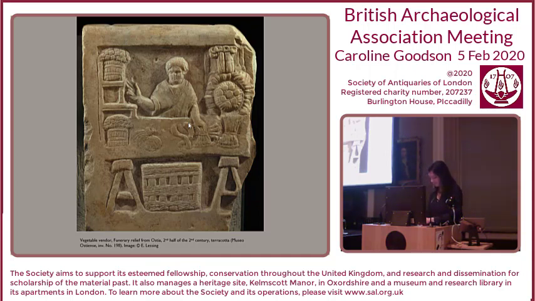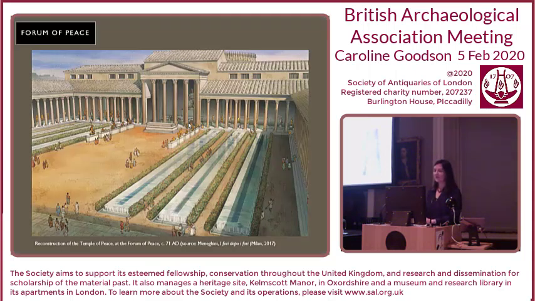In some cases, in some parts of cities, there were ornamental plantings in monumental spaces, that is sort of something like public gardens. So I'm showing you here an artist's reconstruction of the Temple of Peace at the Forum of Peace, which was built in the 1st century in Rome, which was unusual among the major paved monumental fori in the center of town, in that it was clearly planted.